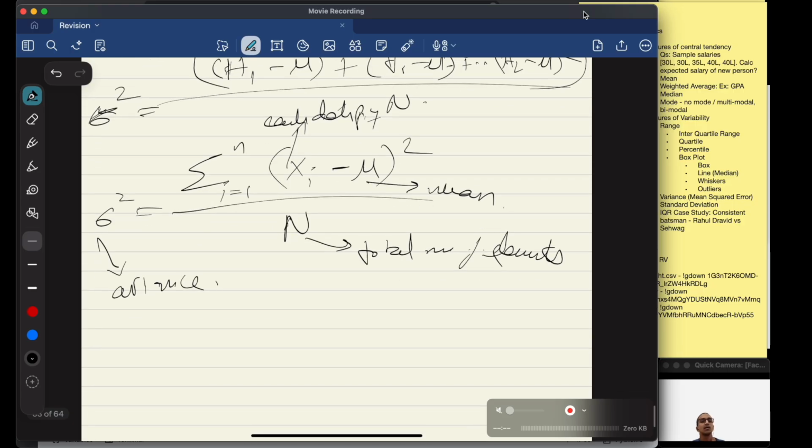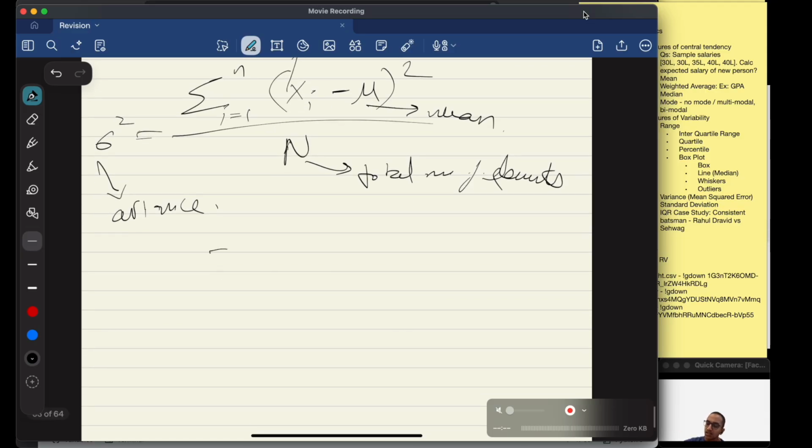So let's say the data points are 10, maybe 11, or let's make it easier, 15 or something like this.